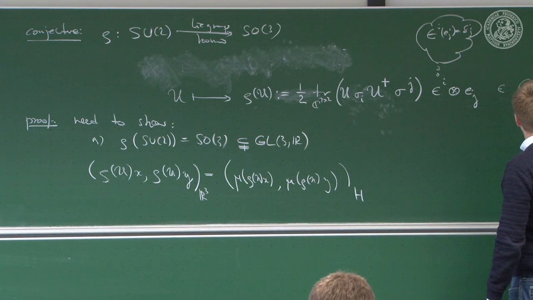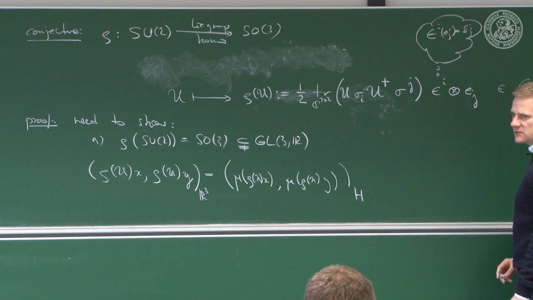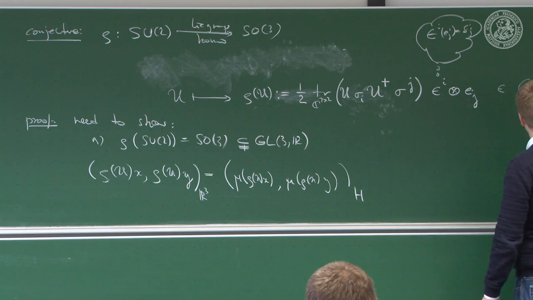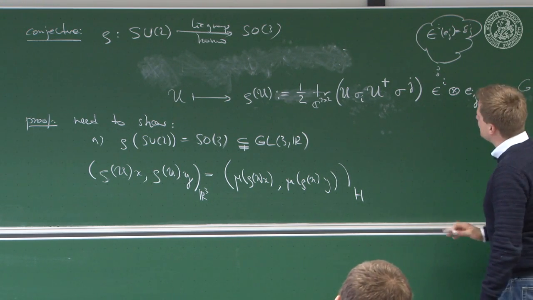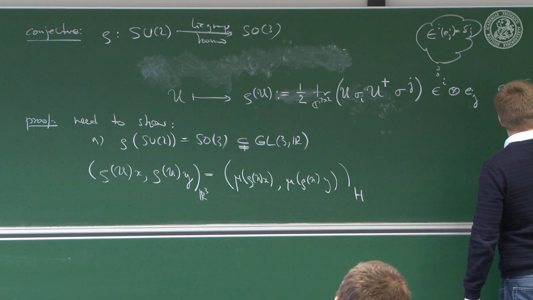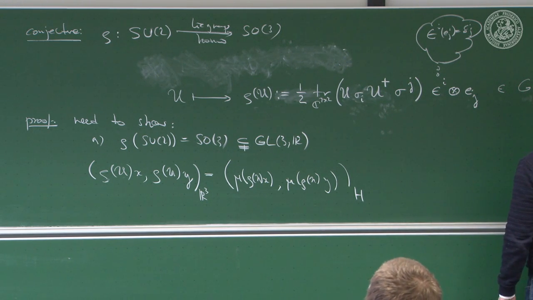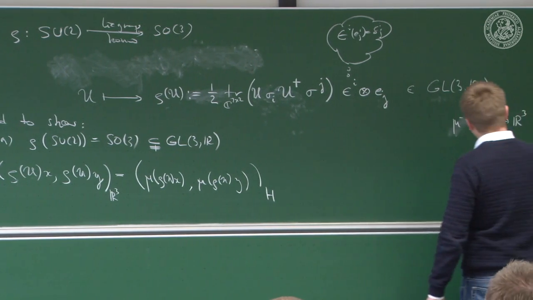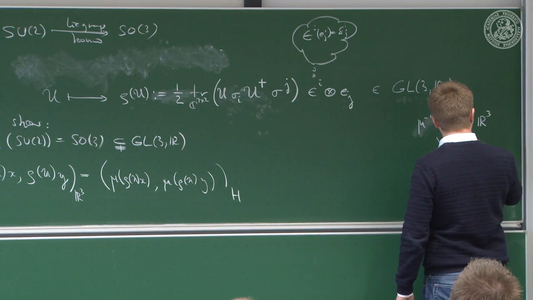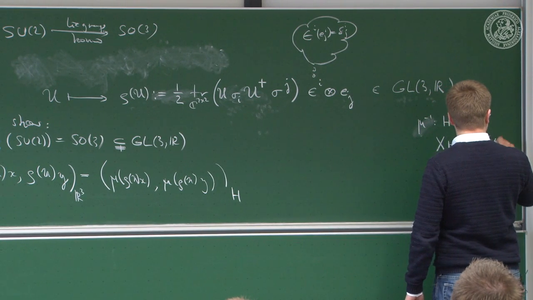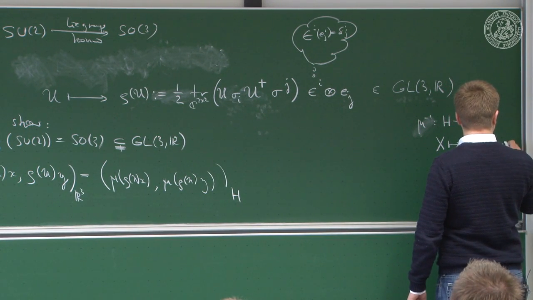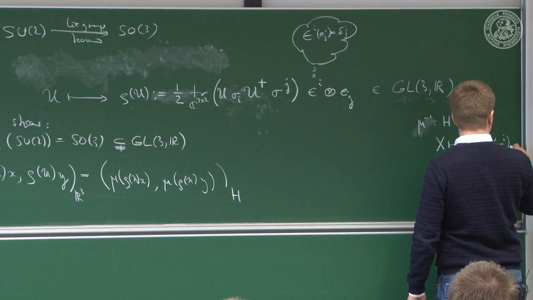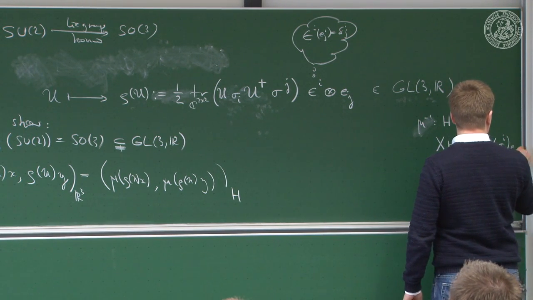But now you see, remember what the mu was. So what was mu inverse? Mu inverse went from H back to R3, agree? And it was X being sent to 1/2 trace of X sigma I, E I. Is that correct?